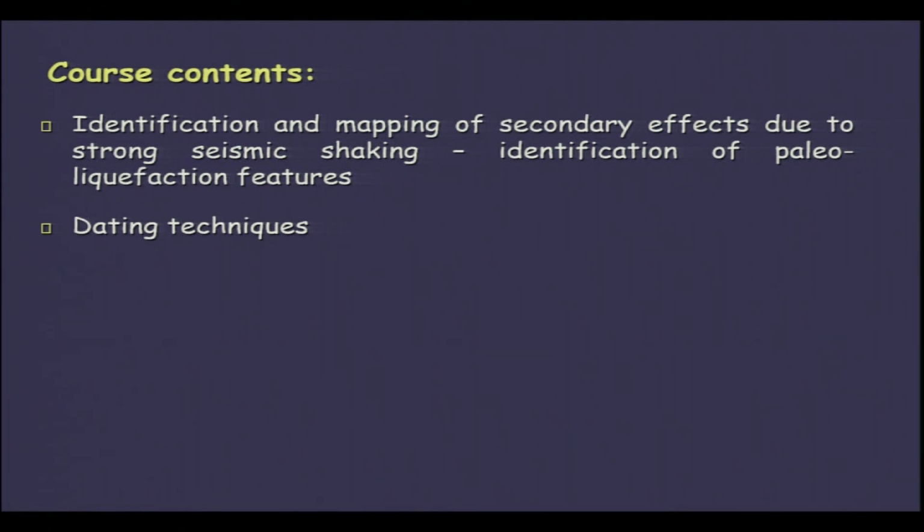There are more which are used, like beryllium-10, and if possible, if we have time and enough hours are left, we will give one lecture on beryllium-10. Otherwise, we will just briefly mention it.